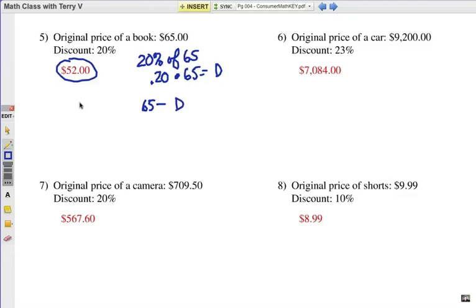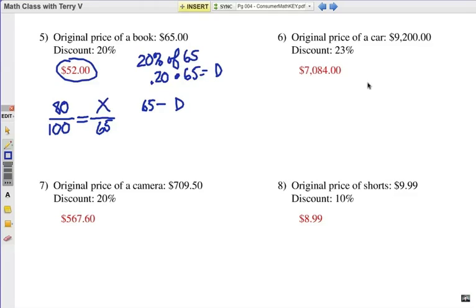But in one step, use a proportion. You're not paying 20%, you're paying 80% of the price, right? We take the discount off of the entire price. So 80 over 100 equals what out of 65? Cross multiply there: 80 times 65 divided by 100, $52.